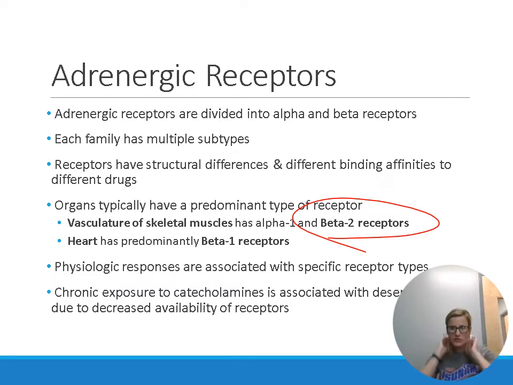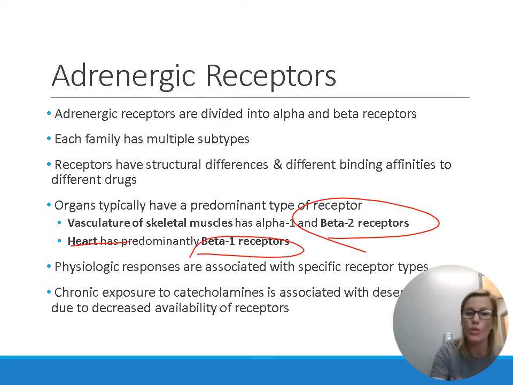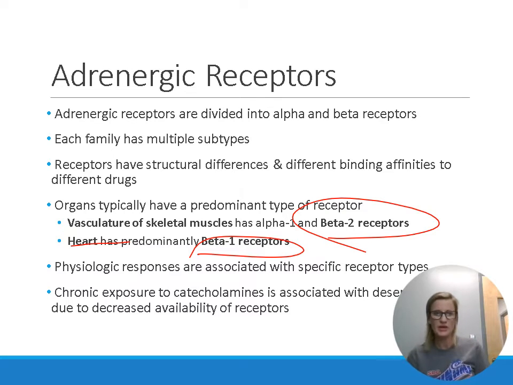So that means whatever the physiologic response that happens when beta 2 is stimulated, that's the response you're going to see in skeletal muscles. The heart, on the other hand, has predominantly beta 1 receptors, okay? Other examples, the bronchi, right, leading down into the lungs, has primarily beta 2 receptors.